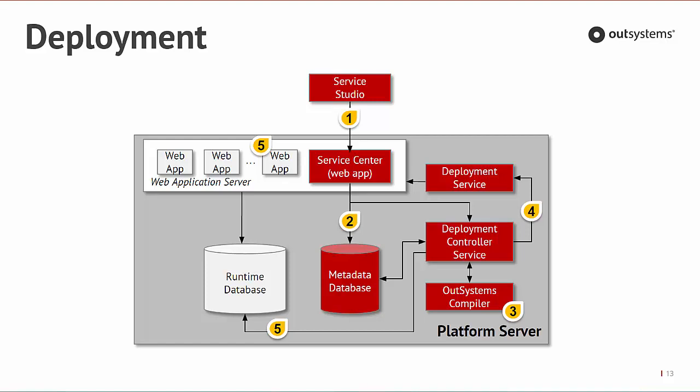Then we have the deployment service. The deployment service is responsible for guaranteeing the correct deployment status of each module in the front end where it is executed. So this runs in the front end. It's one deployment service per front end, so each front end has its own independent deployment service, and is responsible for obtaining the prepackaged web application from the controller and executing all the logic needed to deploy it in the application server.